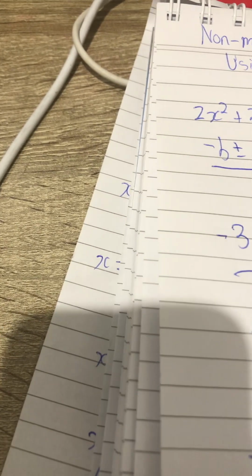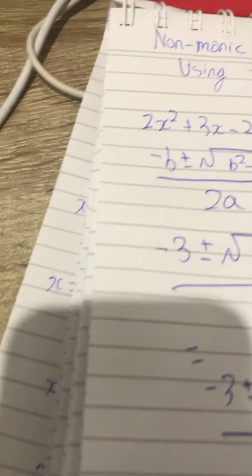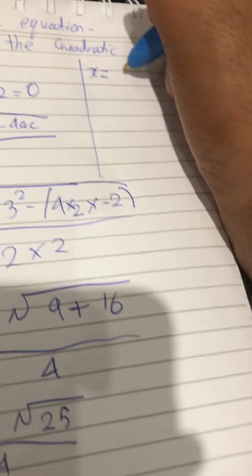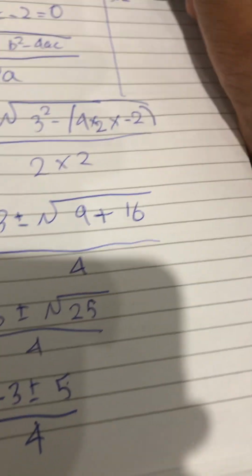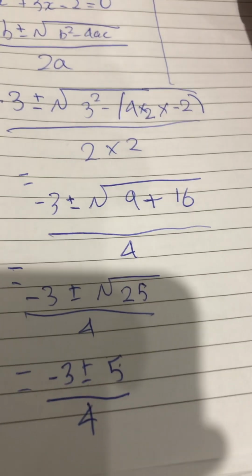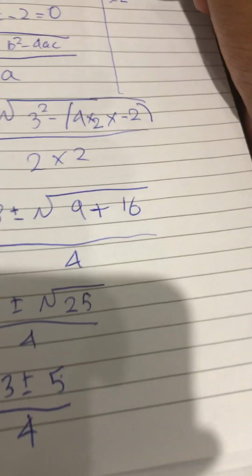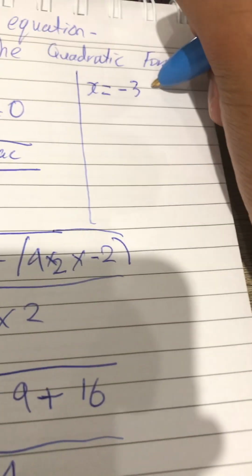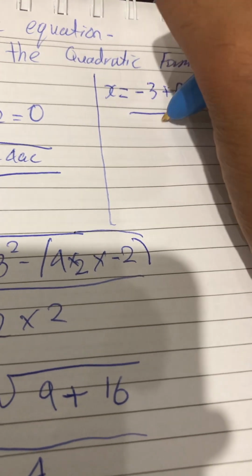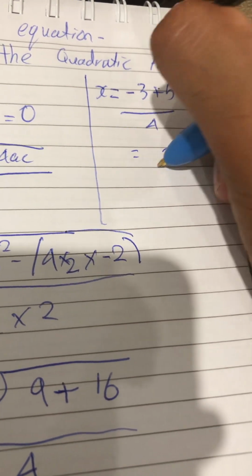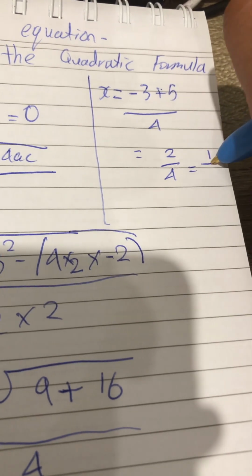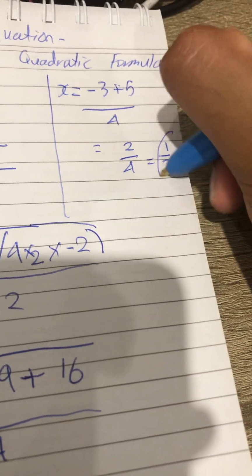So this means that x is equal to minus 3 plus minus 5 over 4. Let's do plus first. Minus 3 plus 5 over 4 is equal to 2 over 4, which is equal to 1/2. Here's one solution.